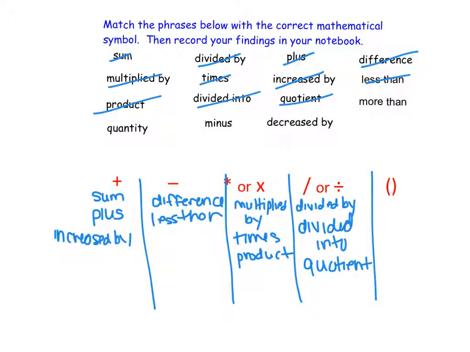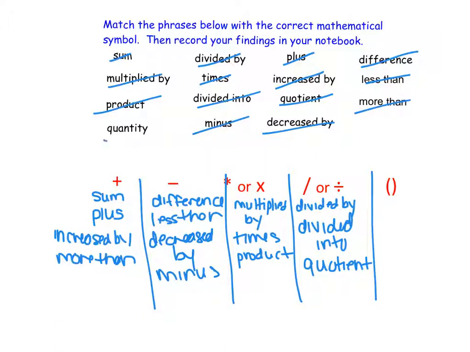More than, if we scored 5 points more than the opposing team, that means we would add 5. Decreased by, if we think about that, if we're running in track and our time decreased by 4 seconds, it means it was subtracted. So here we have decreased by. Minus is also another word for subtraction.